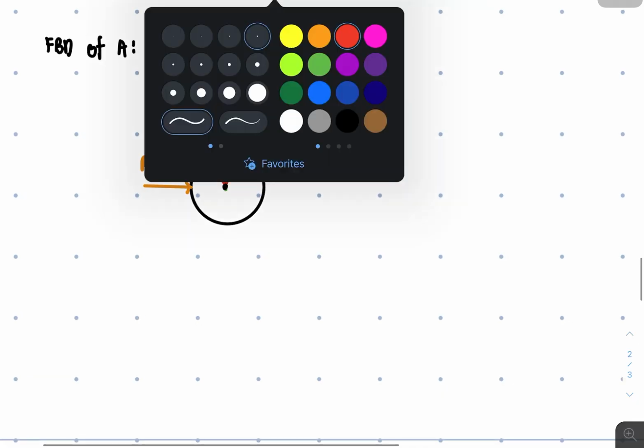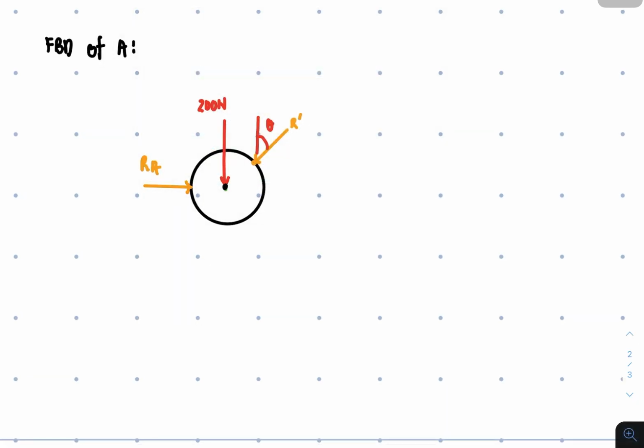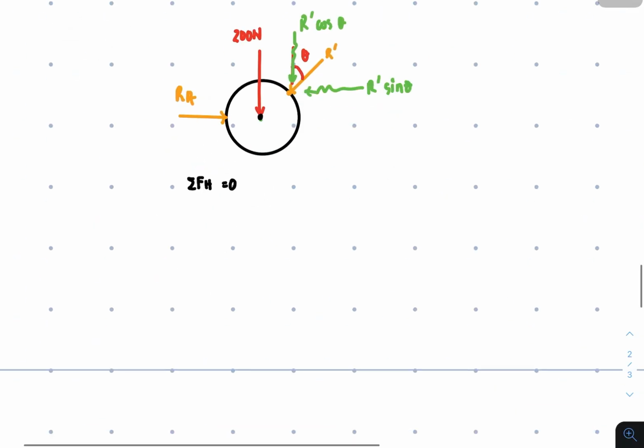So get the component of R prime: R prime cosine of theta, and R prime sine of theta. So theta is 41.81. So let's now solve summation of forces horizontal, because our objective is to solve for RA. To the right positive, to the left negative. So you have RA to the right minus R prime sine of 41.81 equal to 0.